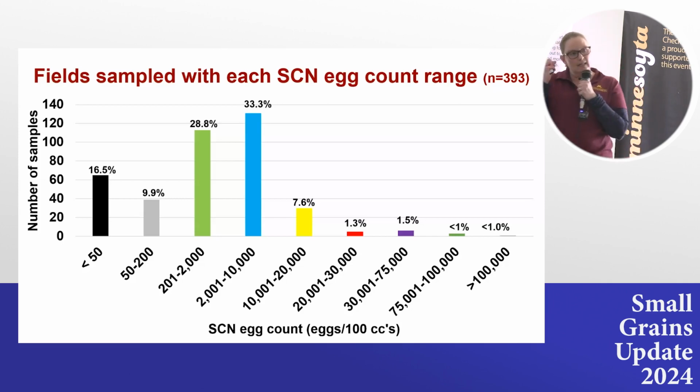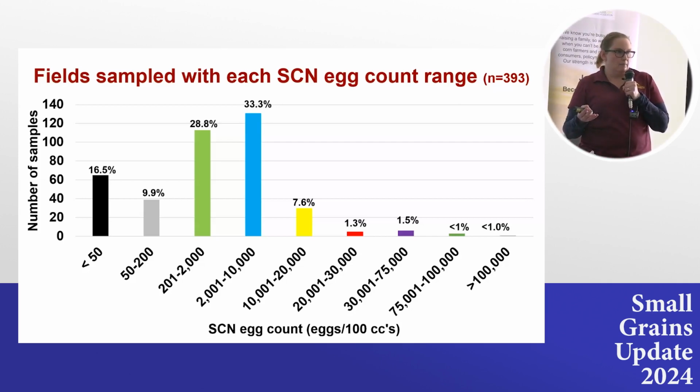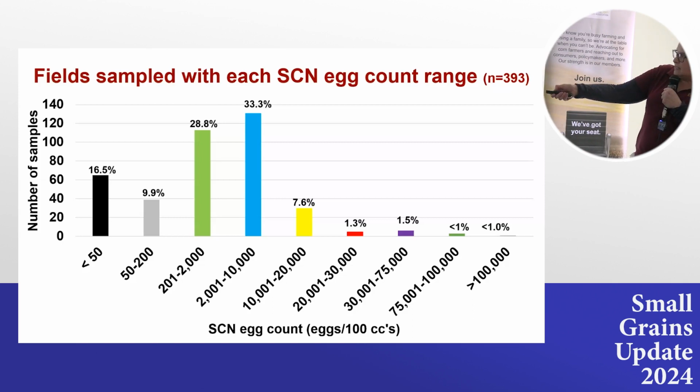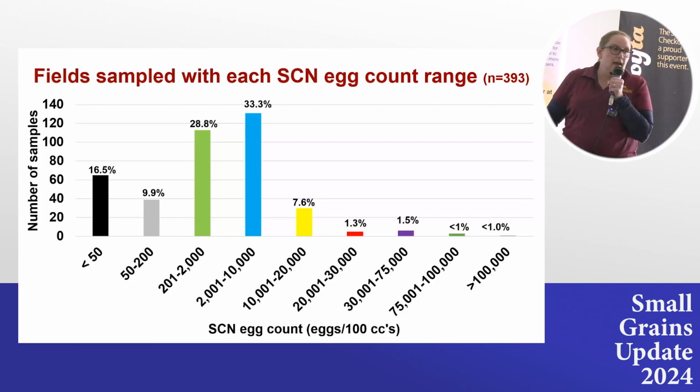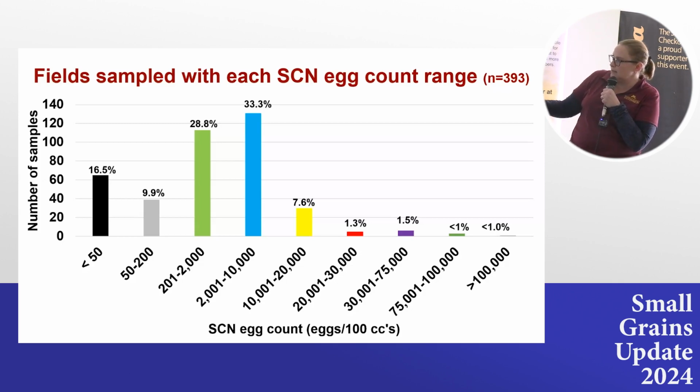At that density, we would expect some yield loss to occur even with growing a resistant soybean variety. 10% of samples were above that, meaning that at those population densities, we'd recommend that folks hold off on planting soybeans until you drop back down to this blue area.